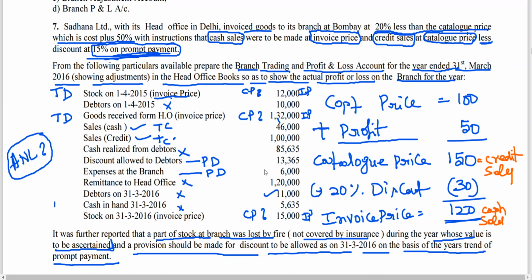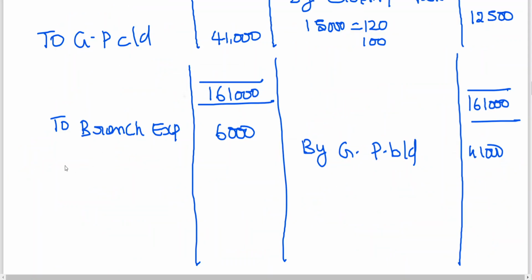We got discount allowed as 13,360. We also got, just now, provision for discount.